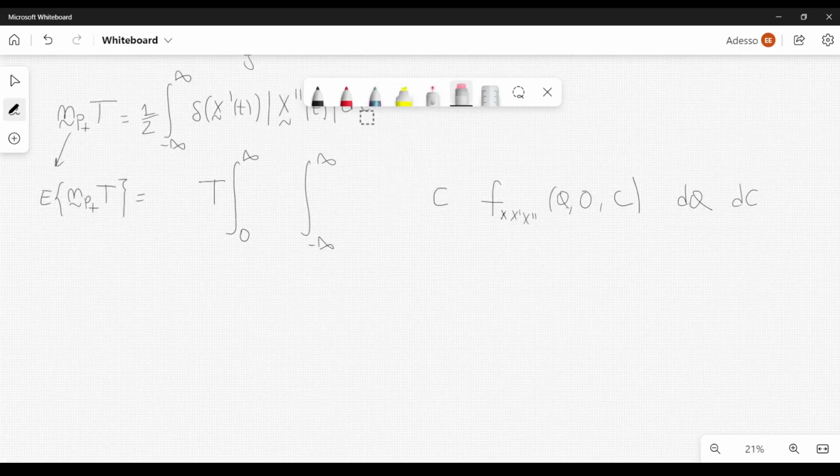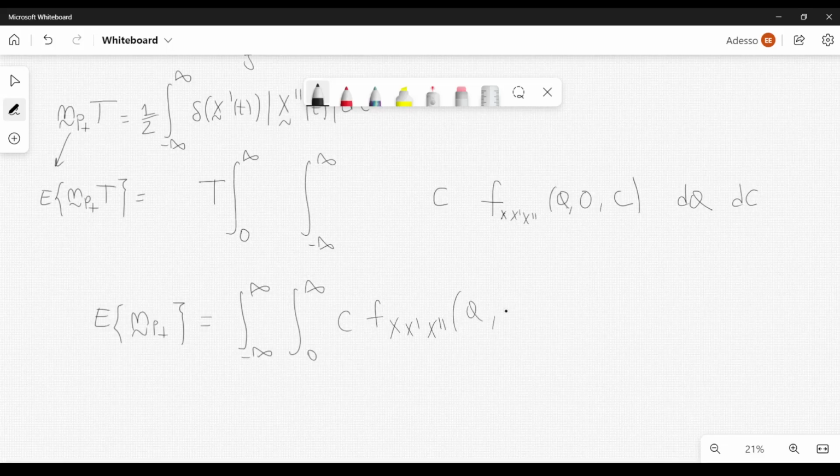So basically what this means is that the expected value of np plus will be equal to the integral from minus infinity to plus infinity, then we have an integral from 0 to infinity, c f of x, x prime, x double prime of a, 0, c, and then here we have dc da.